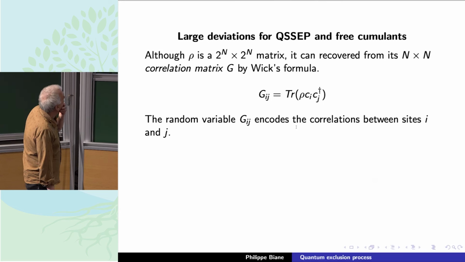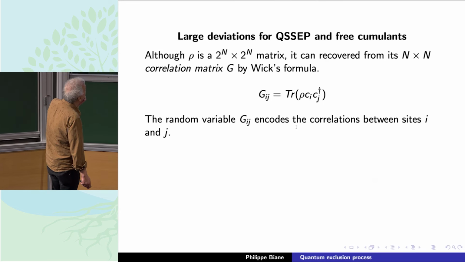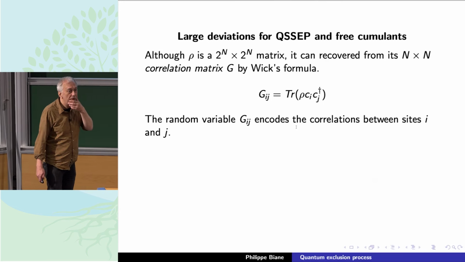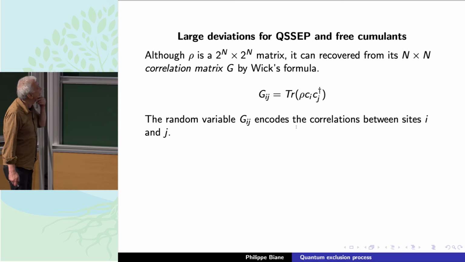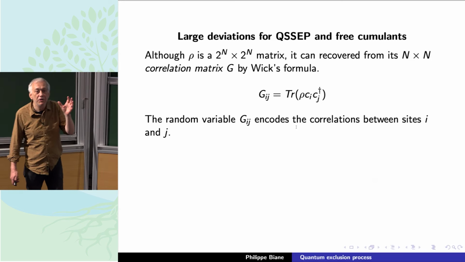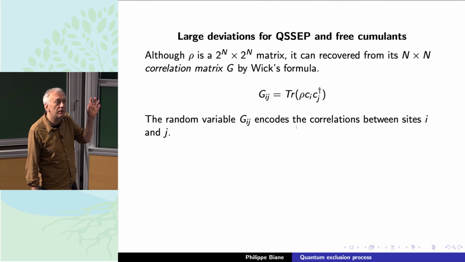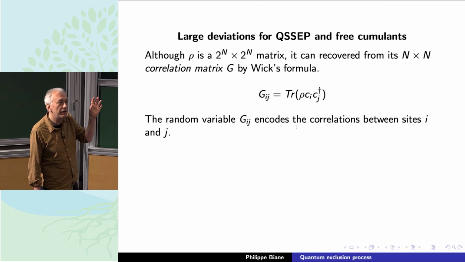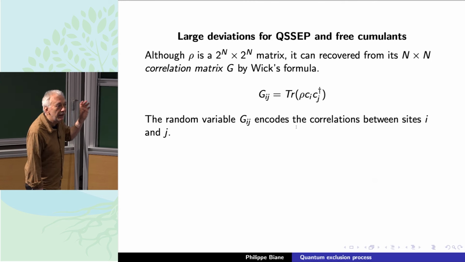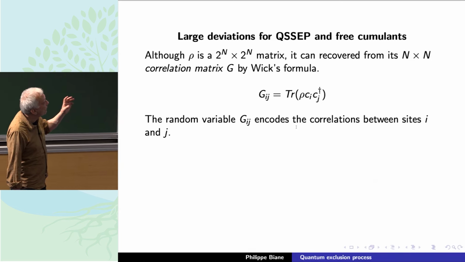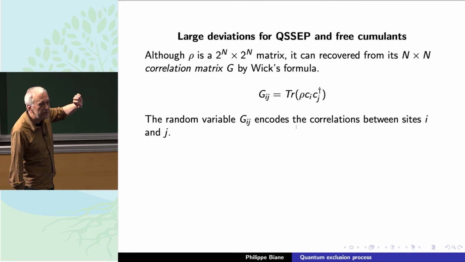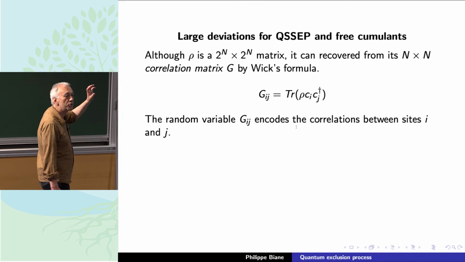Now rho is a matrix of size 2 to the n. But there is a feature of the Hamiltonian, which is that it is quadratic in the creation and annihilation operators, and because of that, the matrix rho is the fermionic analog of a Gaussian matrix.